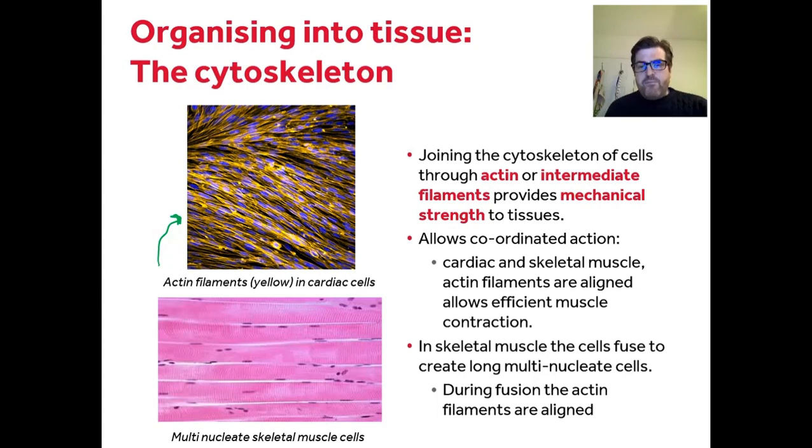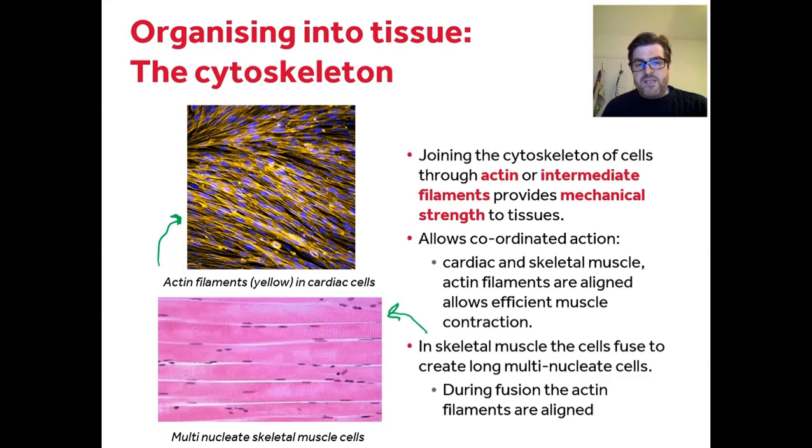And it's even more apparent in skeletal muscle, where in fact the cells fuse together to create long multi-nucleate cells. So I don't think you can see here, this is a smooth muscle cell, and you can see several nuclei, which are the darker parts.